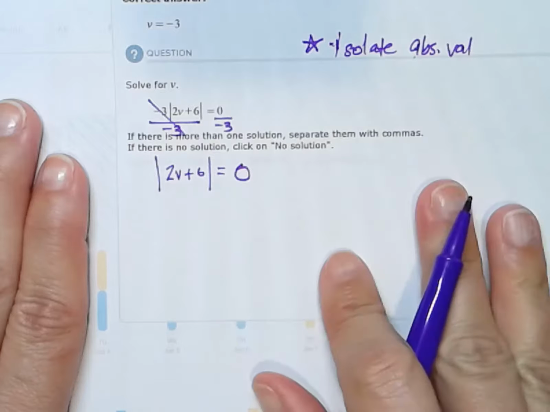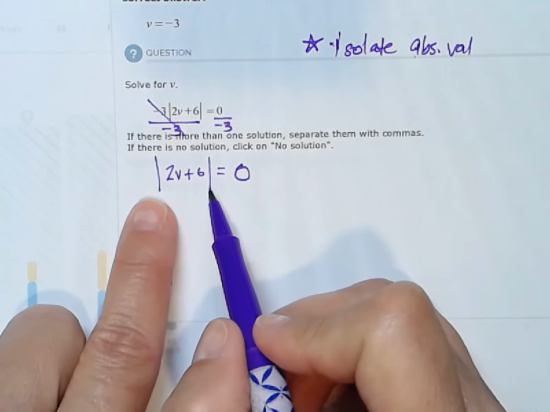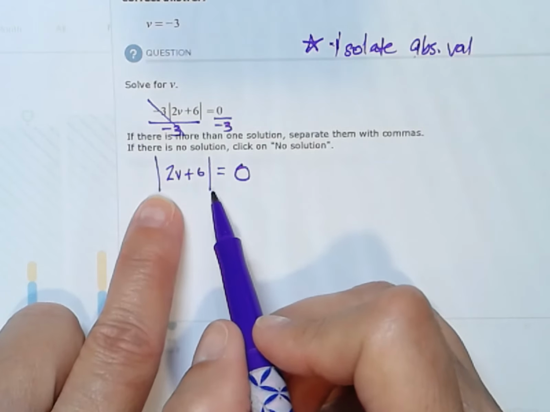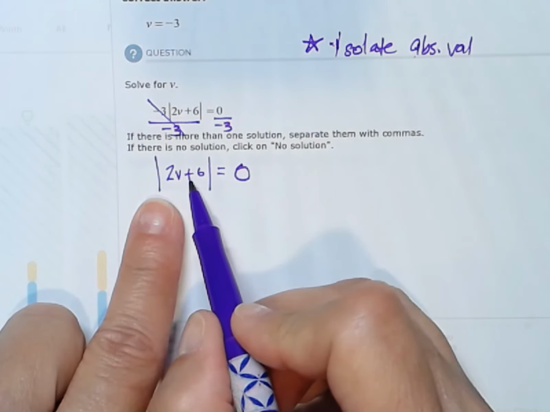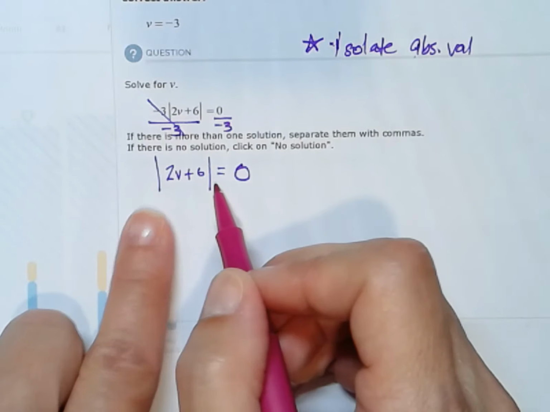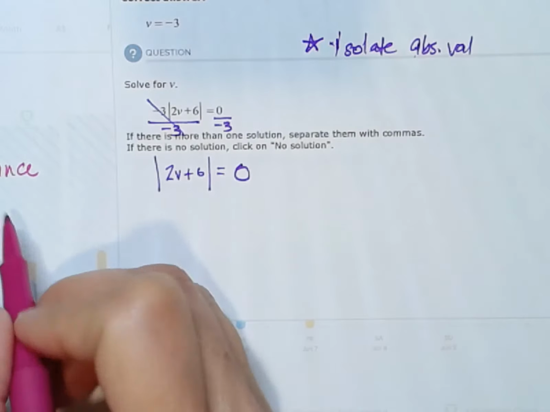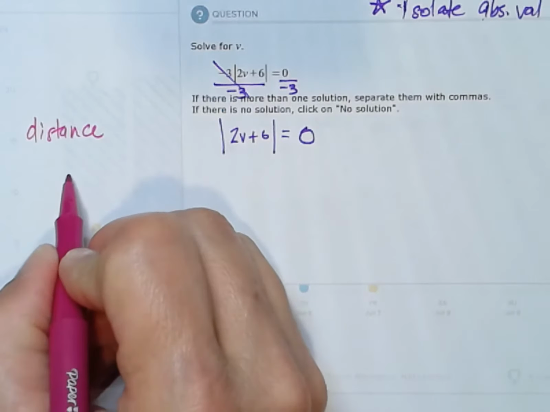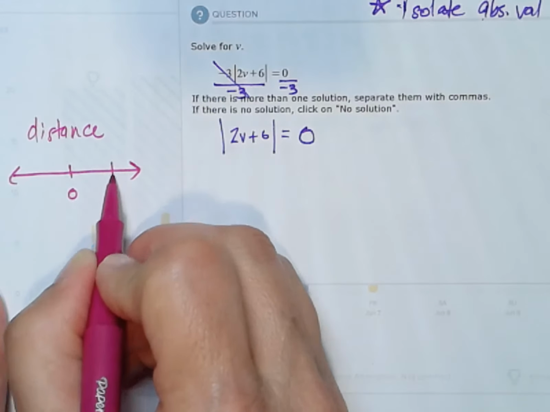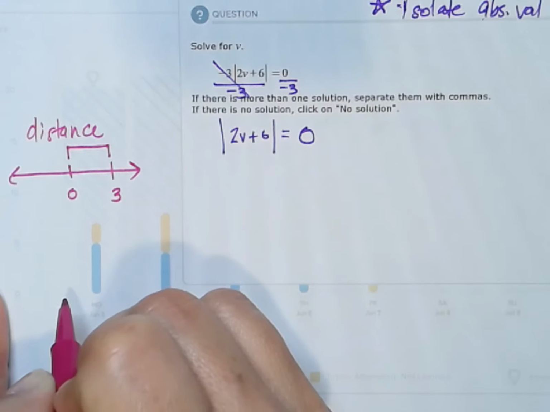Okay, so the definition of absolute value is distance. So it's distance from 0. The question is, how far away from 0 is 2v plus 6? So if you think of absolute value as distance, then if I'm at 0 and I want to know how far 3 is, the question is, how many units does it take to get out to 3?